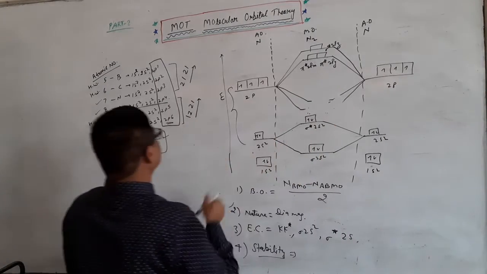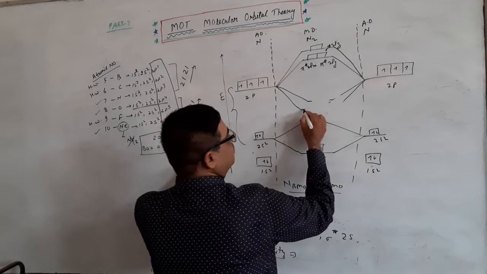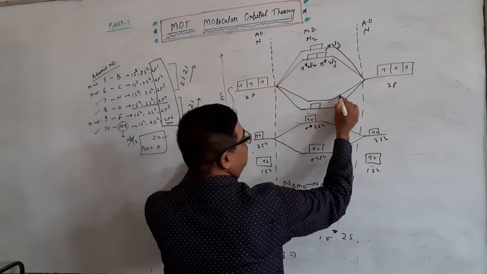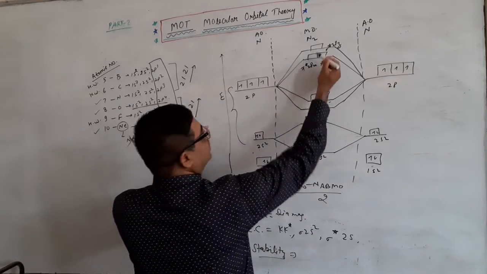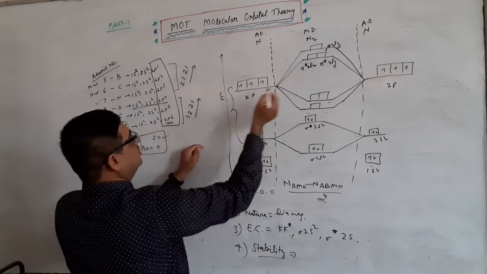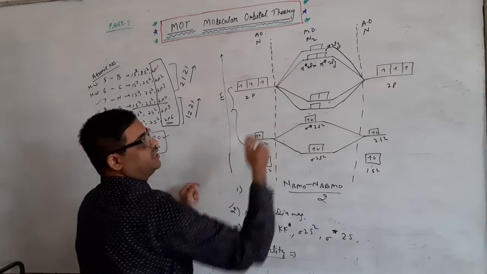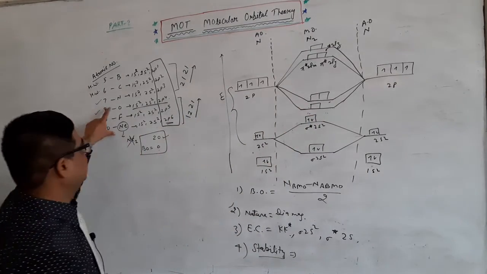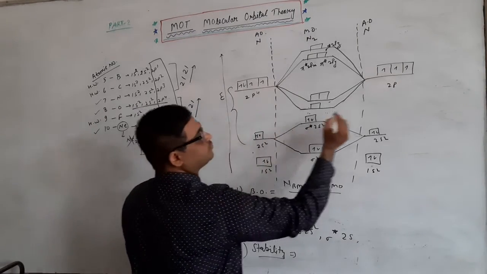You can see the technique is 1 2 2 1, means one box will be on the downward side and 2 boxes will be on the upper side. Then 2 1 2 1. The upper technique is similar, but the downward technique, related with the bonding molecular orbital, is different. Clear? So in these three, this technique is lying. So 2p4 is there.